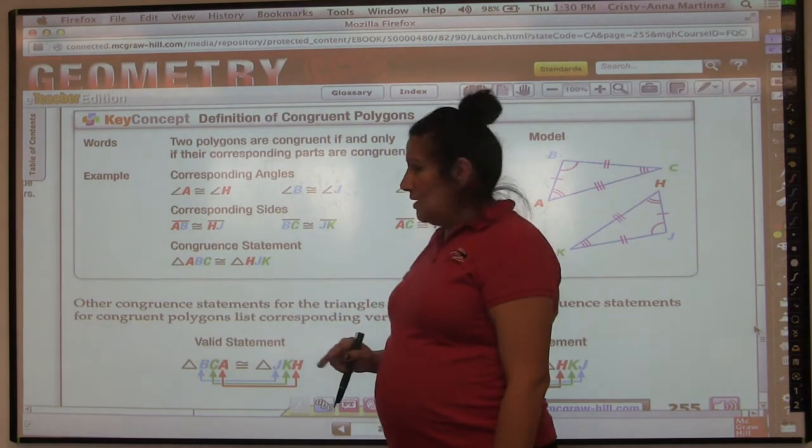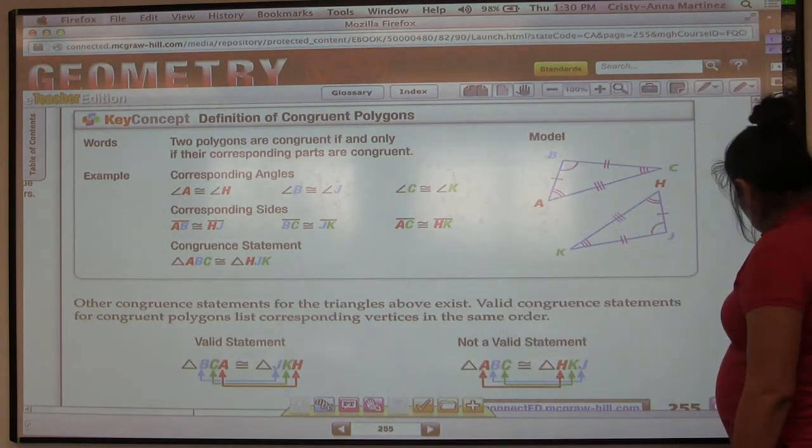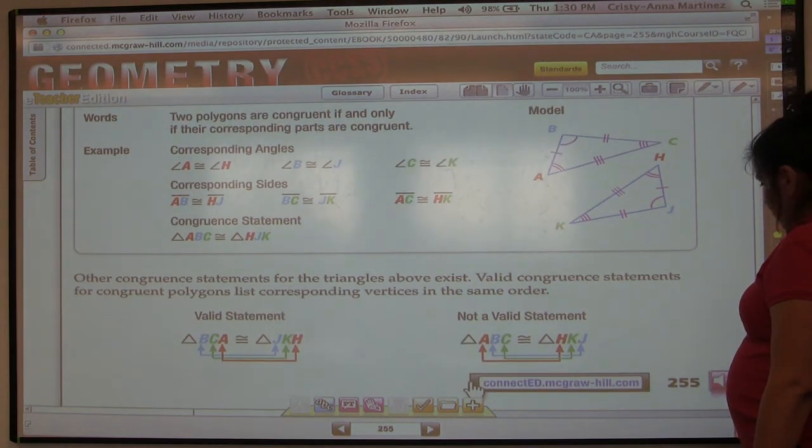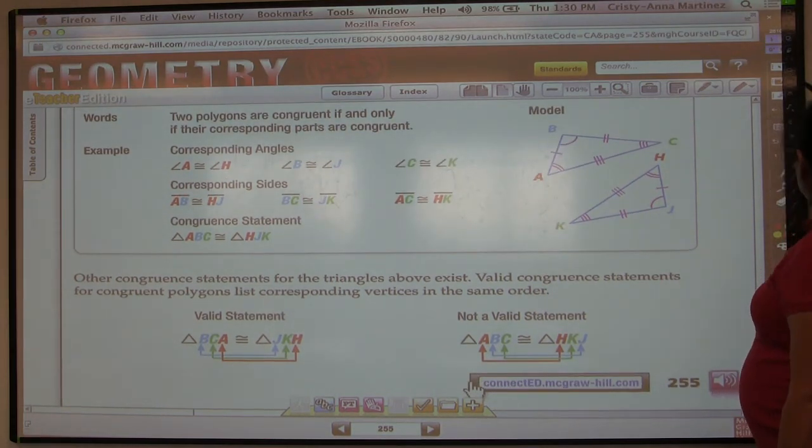So you can see down here at the bottom of the screen, it's kind of hard to see it there, but let me help you out a little bit here.